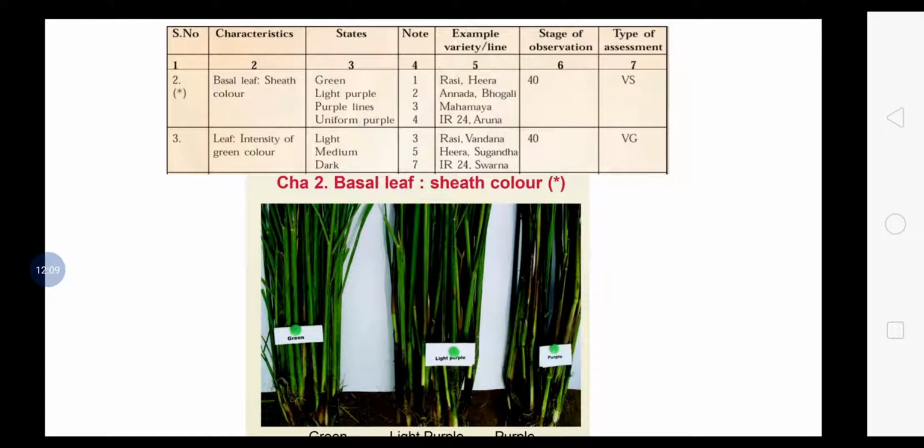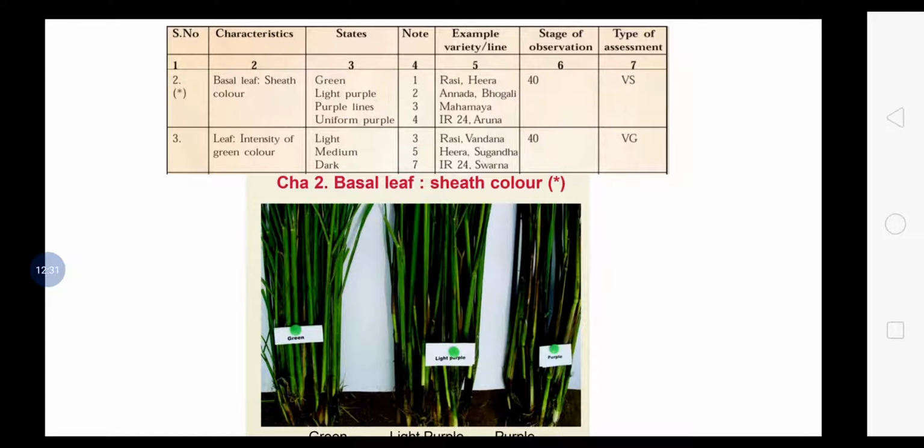This is again scored as 1, 2, 3, 4. Examples for green basal leaf sheath are Rashi, Hira. Light purple is Annada and Bhogali. Purple lines is Mahamaya and uniform purple is IR 24 and Aruna. Here the stage of observation is scored as 40.